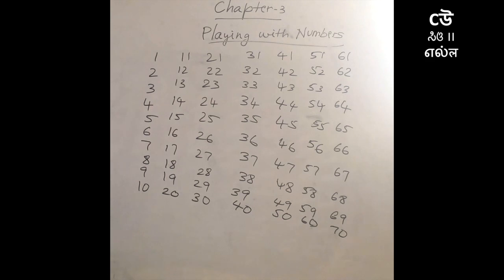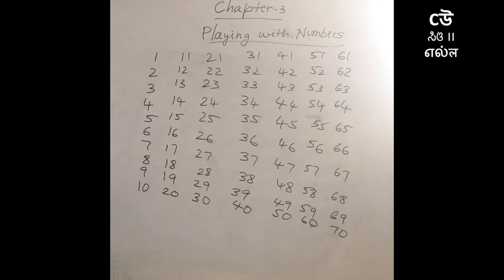So what did he do first? 1 is not a prime number or a composite number, because only if the number of factors is equal to 2 can we tell it's a prime number, and if the number of factors is greater than 2, we can tell it's a composite number.